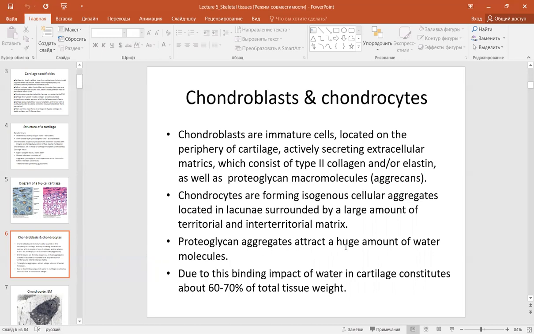Proteoglycan aggregates attract a huge amount of water molecules. Due to this binding, water in cartilage makes up about 60–70% of total tissue weight, but it is not water which can be removed from the cartilage. It is water which is connected with the glycosaminoglycans, with the complexes of proteoglycan macromolecules.